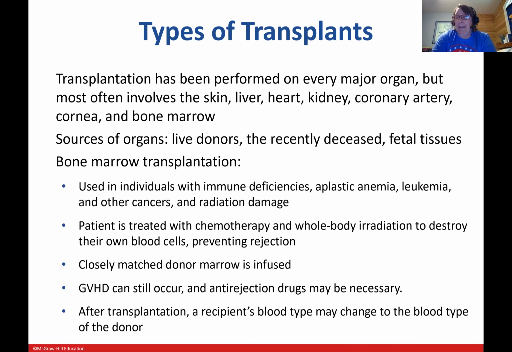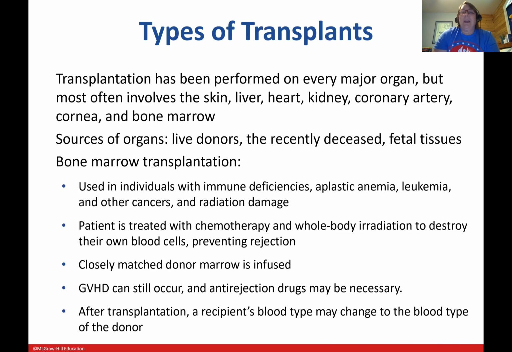Typically in that case, the person will be irradiated to kill off their own blood stem cells and all of the white blood cells that are causing the problem. And then the bone marrow is transplanted into that individual and starts to regenerate and gives them a functioning immune system.